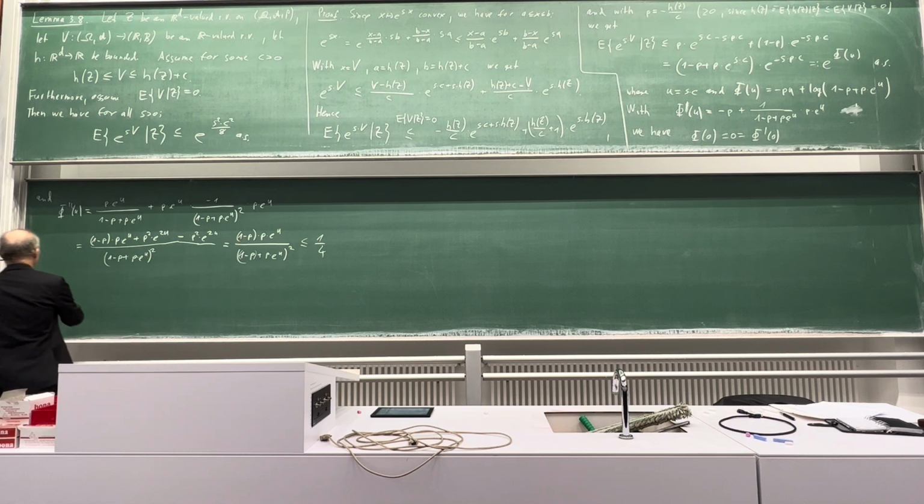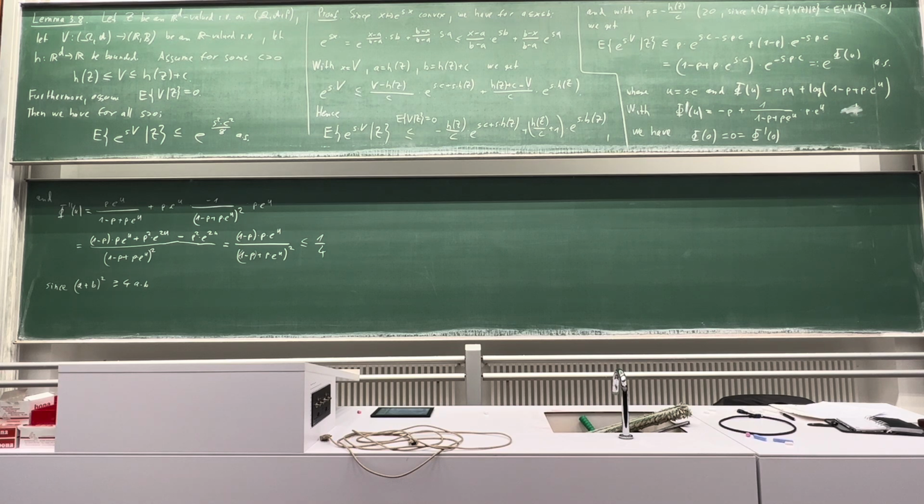And you know that a plus b squared is greater or equal than 4 times a times b. Using the binomial expansion, a plus b squared is a squared plus b squared plus 2ab. If you subtract 4ab, then you get a squared plus b squared minus 2ab, and that's a minus b squared, which is greater or equal to 0.